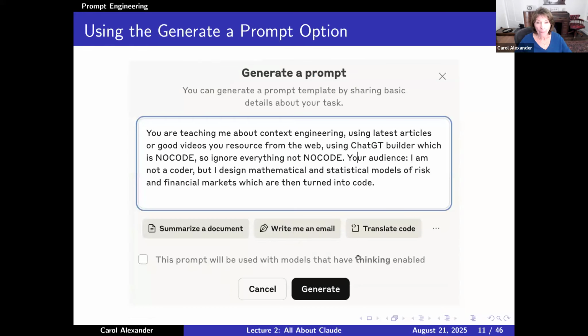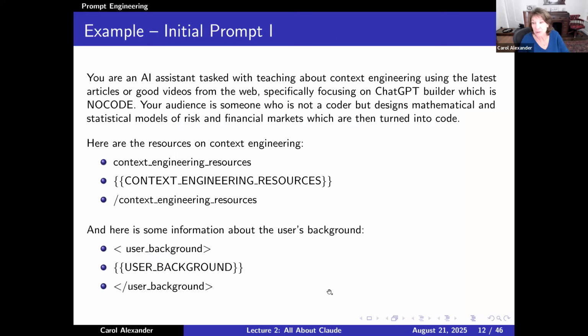Okay, so this is the sort of thing you do. You just put what you want in 5 lines or so into the generator prompt. You either tick or don't tick the thinking box. Remember, thinking models use a lot more tokens, and well, that matters if you're one of these pay-as-you-go users.